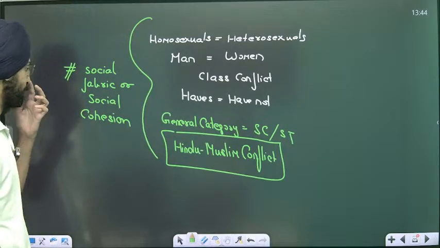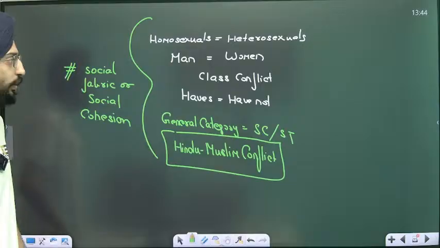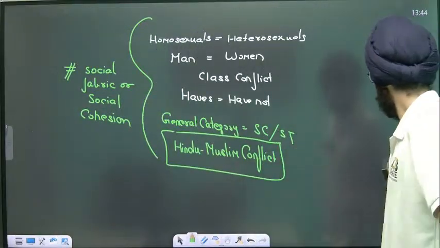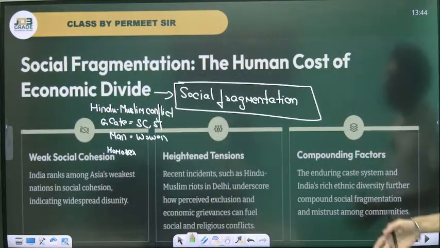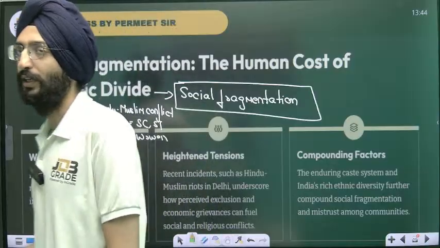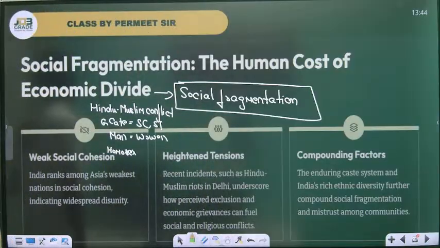That's how it's going to weaken things. Heightened tension has been there. Recent incidents such as the Hindu-Muslim riots in Delhi, and there have been numerous cases all over India. There has been too much tension between the communities.